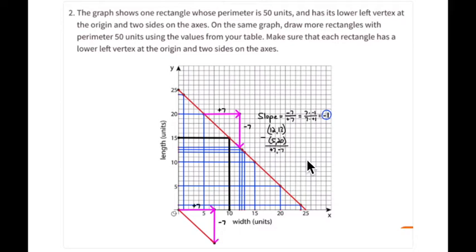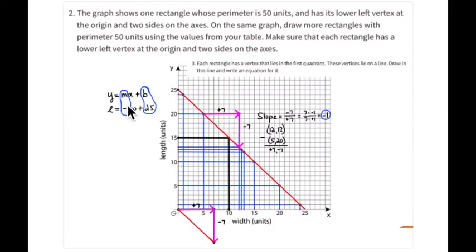All right. So now we can write the equation, y equals mx + b. We know now that the slope is -1. We've confirmed that. And where does it cross the y-axis? It crosses the y-axis right up here at 25. So the length is equal to the opposite value of the width plus 25 units. So -1 times the width plus 25.